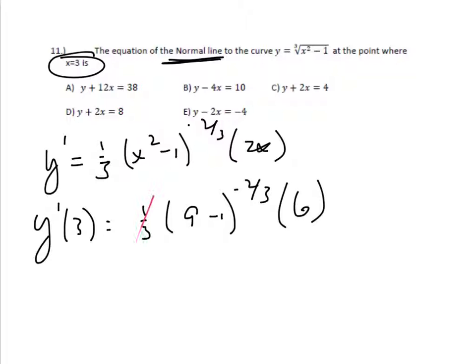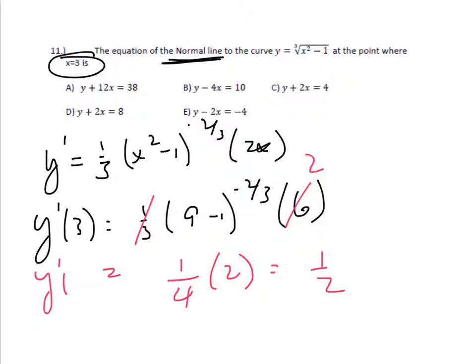So we have some cancellations. That becomes a 2. Now, cube root of 8 is 2, so that is 1/4, times 2 is 1/2. So y prime of 3 is really 1/2.